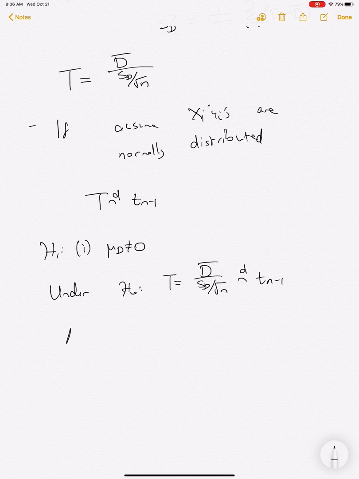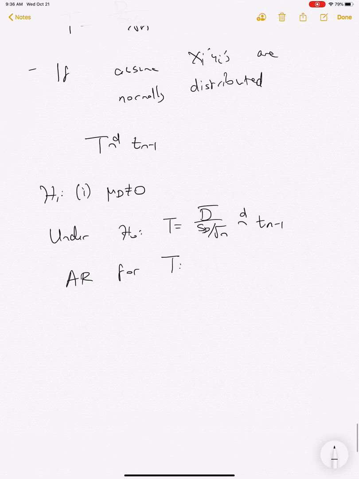And so the acceptance region for t is that t is going to be between negative t_{n-1, alpha/2} and t_{n-1, alpha/2}.